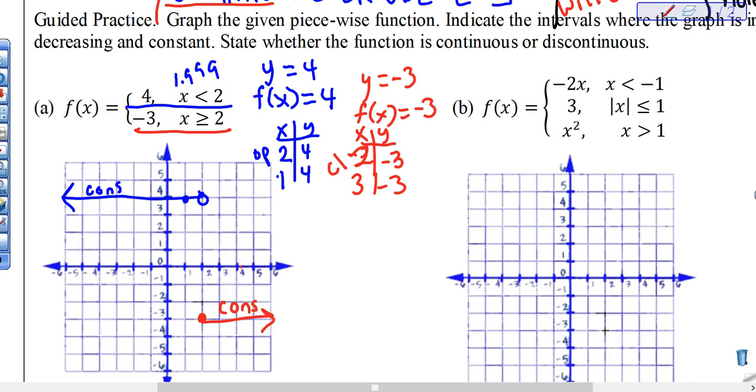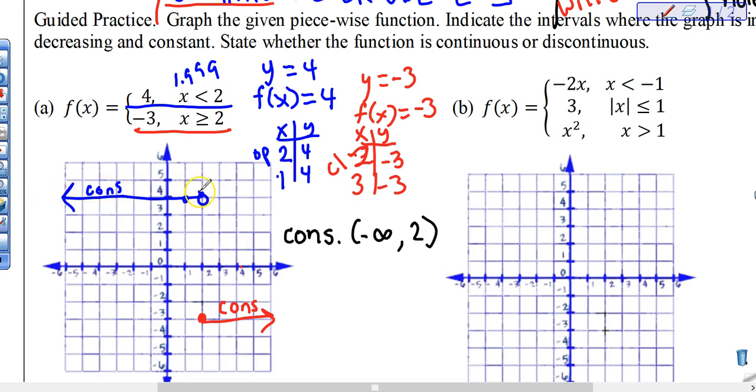All right. So now that we've graphed our piecewise function, step 1, let's indicate where the graph is increasing, decreasing, or constant. Remember, it's domain related. So it's constant along the interval -infinity to 2. Now you might want to say, but Mrs. Frame, why isn't it -infinity to infinity? And here's why. It's cruising along left to right at a constant rate.